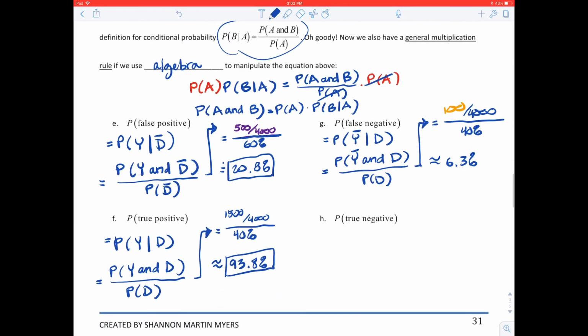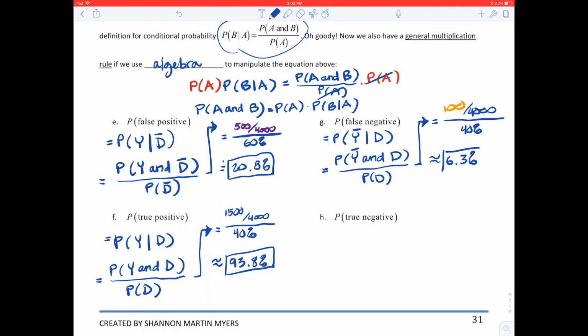Good. The probability of a true negative would be the conditional probability that you do not test positive given you do not have the disease. That's equal to the probability of not testing positive and not having the disease, over the probability that we don't have the disease.